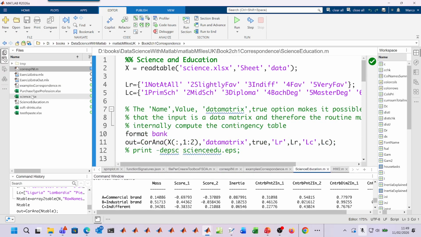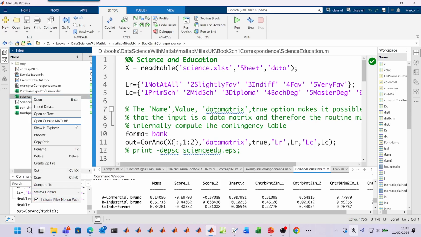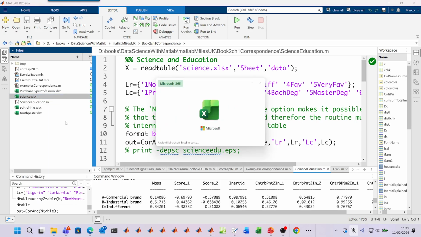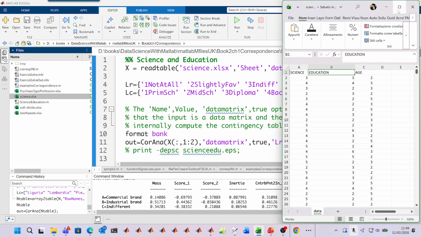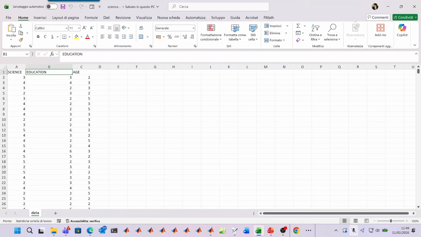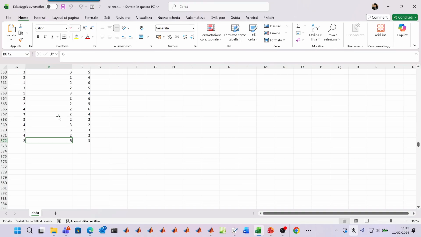Science education, so the underlying file is science.xlsx. So this is the file, okay? It has the level of science and the level of education, and there are 871 respondents.